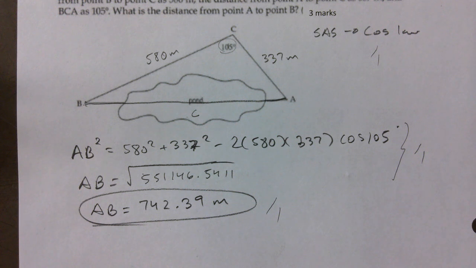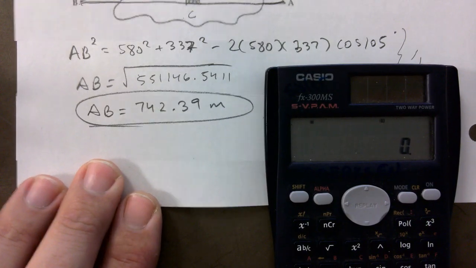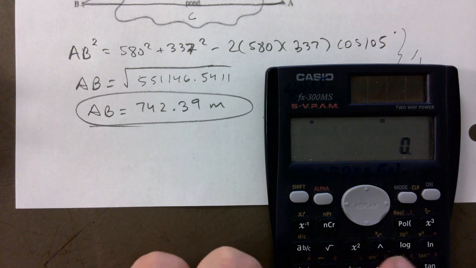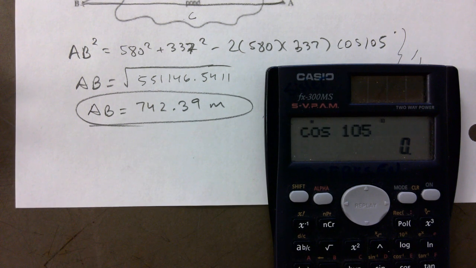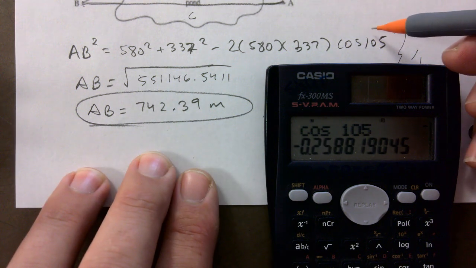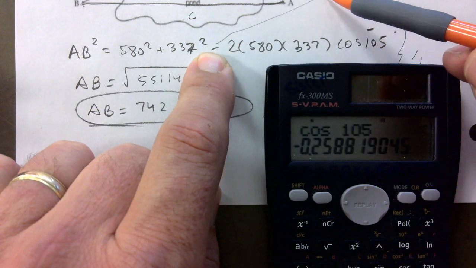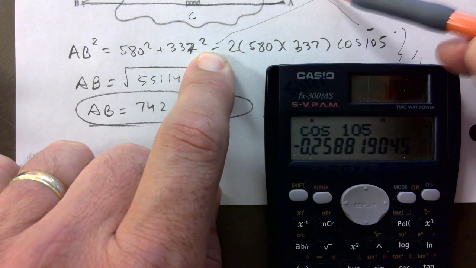I'm just going to clarify one more time why this is a special case. Watch on the screen, okay? Cosine of 105 is what? Is it going to be positive or negative? It's going to be negative. So you can almost put a negative in front. This negative and that negative turn into a positive.